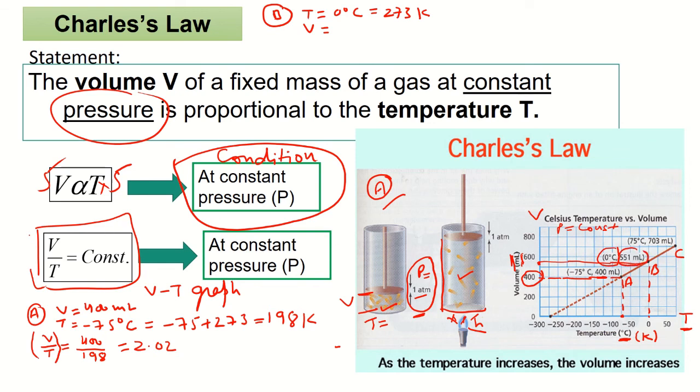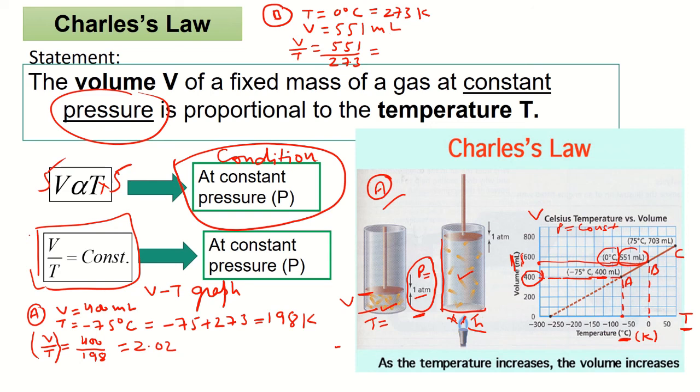The value of the volume at this point, though the scale is not exactly given, is nearby 551 milliliters. So for point B, the temperature is 0 degrees centigrade and the volume is 551 milliliters. The ratio V over T is 551 divided by 273. Let us calculate the ratio.